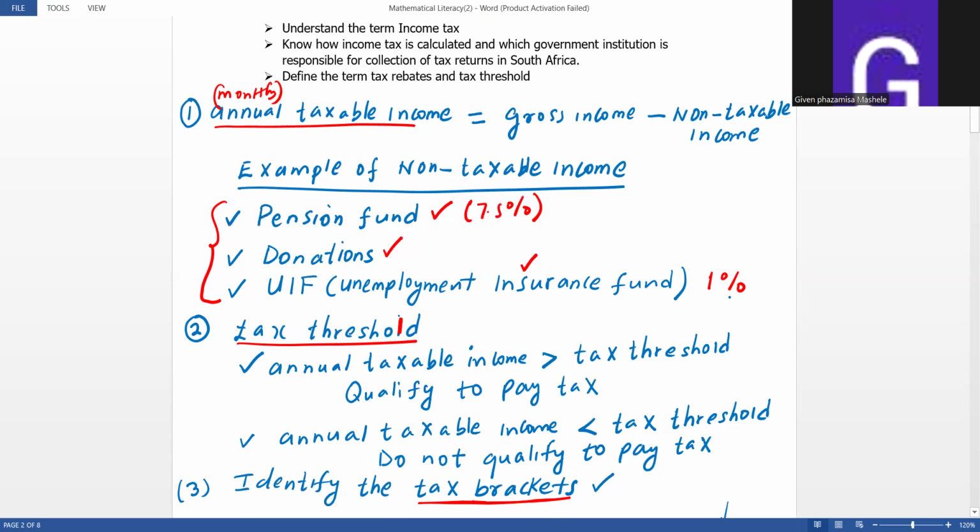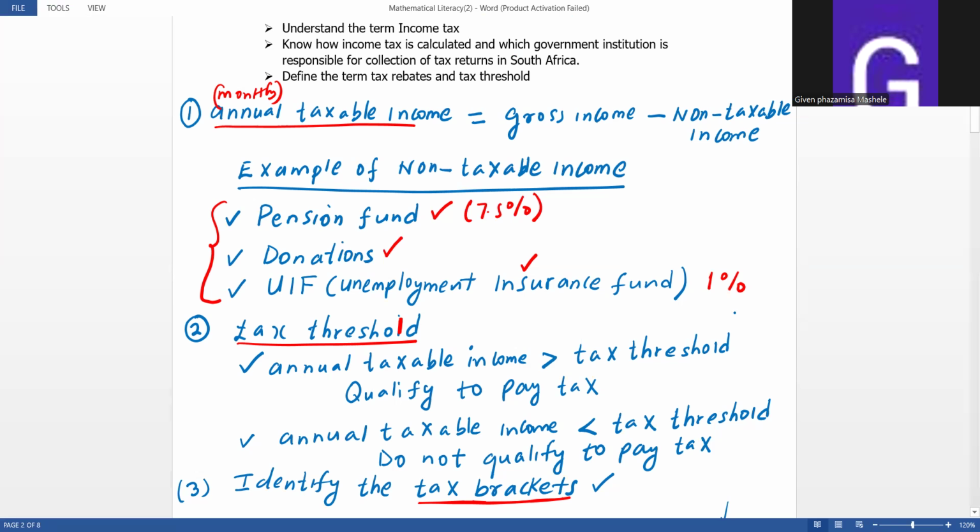Sometimes they can give you an annual non-taxable income. When you are given a monthly gross income, you divide those amounts by 12 so that they are monthly, so that you can subtract them from the monthly gross income to get the monthly taxable income. And once they give you a monthly taxable income, you need to multiply that by 12.